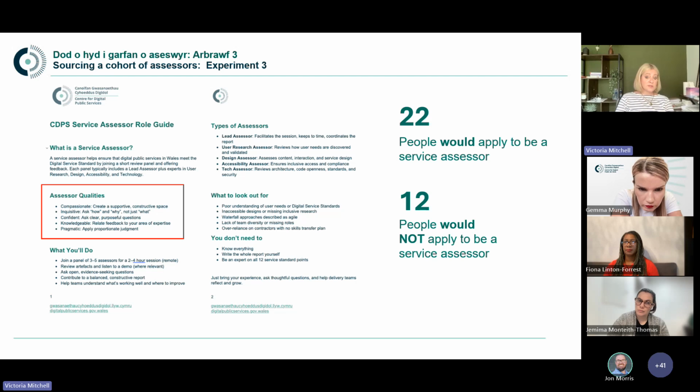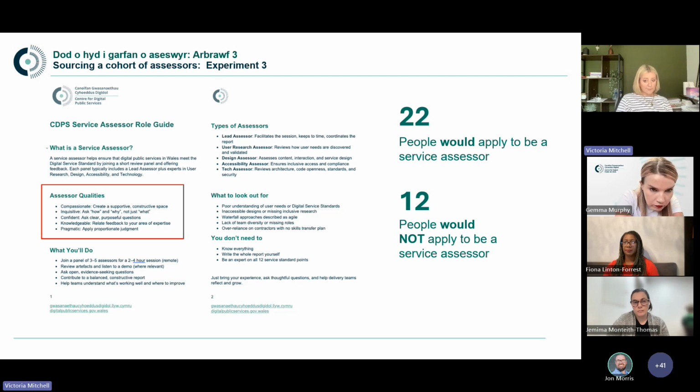Neither of those things were a surprise. What was a surprise when we did the survey was the number of people that said they would apply to be an assessor after they'd read the guide, which you can see here. That's because the guide focuses on the qualities to be an assessor first, and people responded overwhelmingly positively to those. The qualities are highlighted there in the red box.